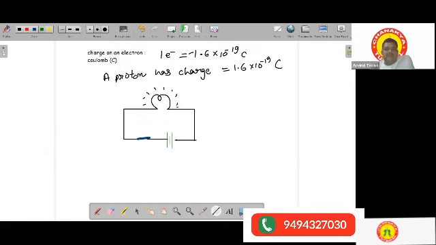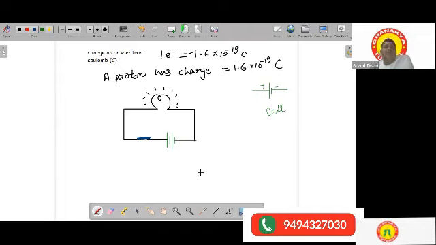You can see the symbol for a battery consists of vertical lines. Two vertical lines will be there, a bigger one and a smaller one. This symbol represents a cell, where the bigger line represents the positive terminal and the shorter line represents the negative terminal.